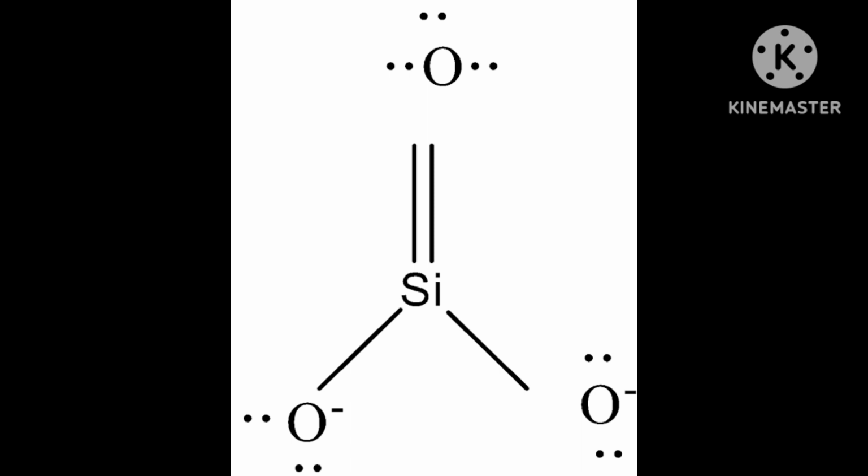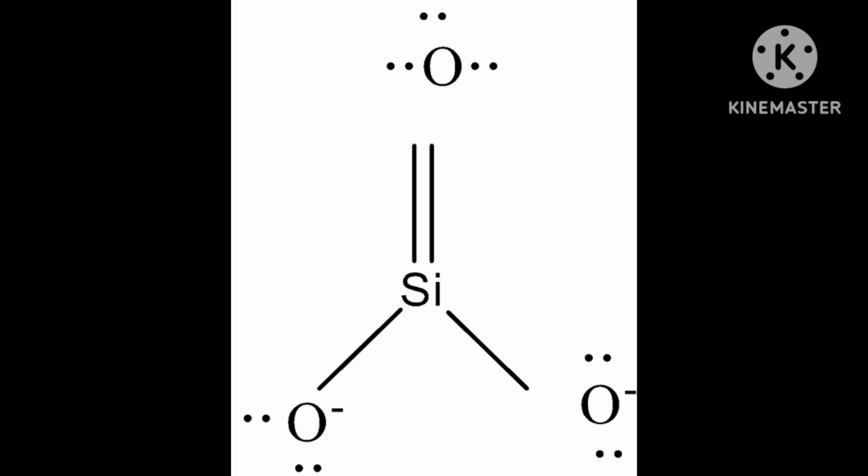The negative charge on the silicate structure is neutralized by positively charged metal ions. Whenever silicate is there, it is negative, the metal ion is positive, they join and the charge is neutralized.